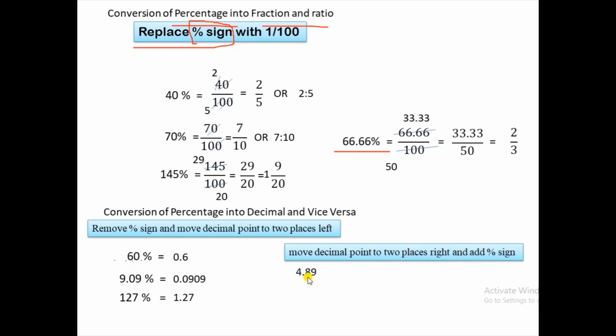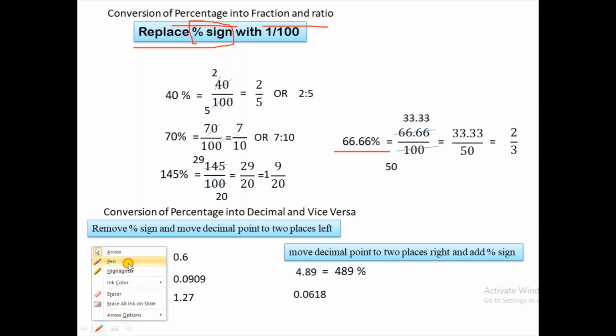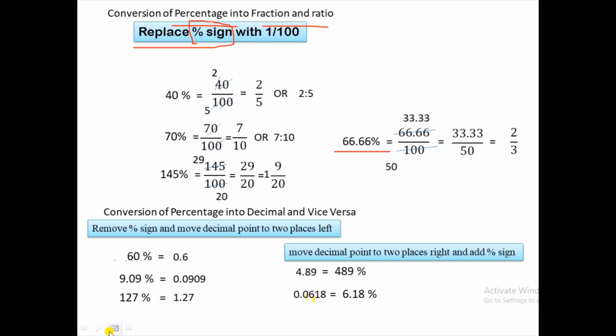So it is 0.4489, so 0.4489 we have to convert into percentage format. What we have to do is add the percentage sign and move two places right. So the first pointer is here and the next one is here, so it is going to be 44.89%. If it is 0.0618, the first pointer is going to be here, and second is going to be here, so it is going to be 6.18%.